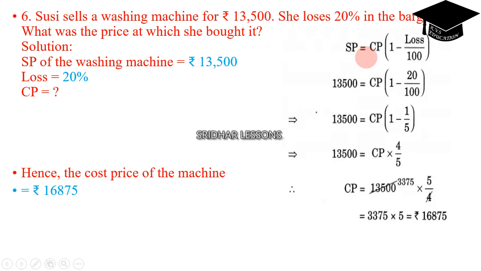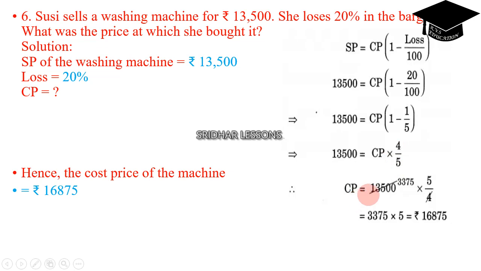Here selling price is equals to cost price into 1 minus loss by 100. That is selling price, 13,500 as given, is equals to cost price into 1 minus 20 by 100. So this can be written as 1 by 5 because 20 cancels in 100 5 times. So this will be cost price into, upon taking LCM, this value becomes 4 by 5.